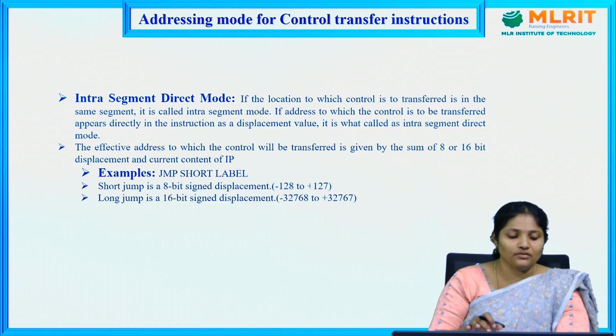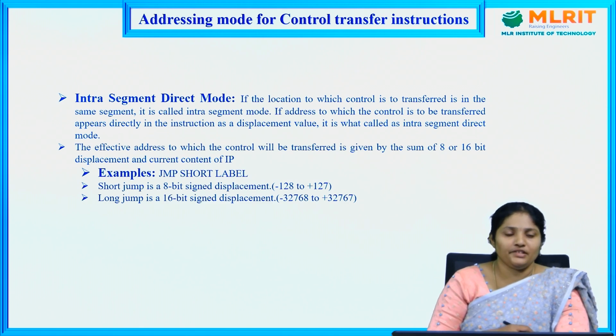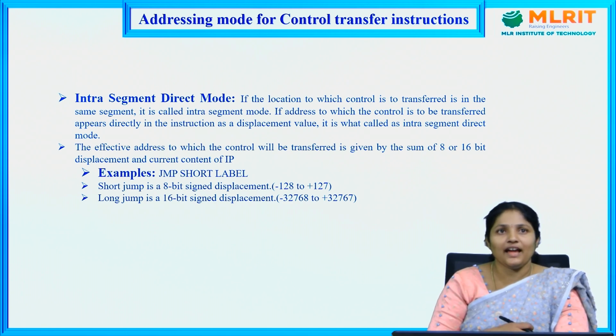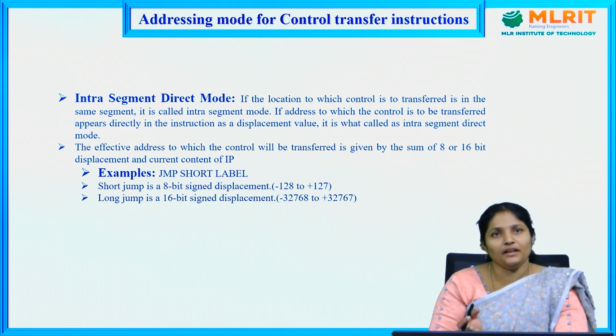Now coming to the intra-segment addressing mode. Here, the location to which control is to be transferred lies within the same segment, so you can say it is intra-segment. If the control is transferred to another segment register, then it is the inter-segment addressing mode.